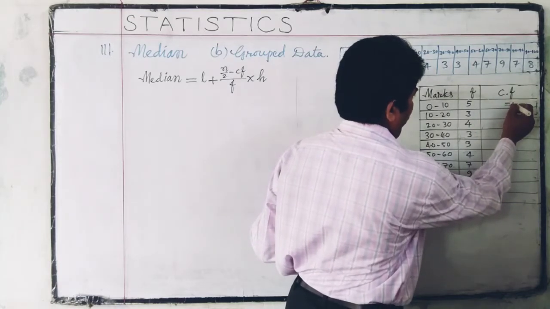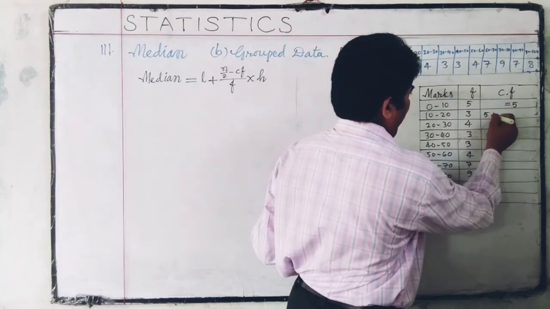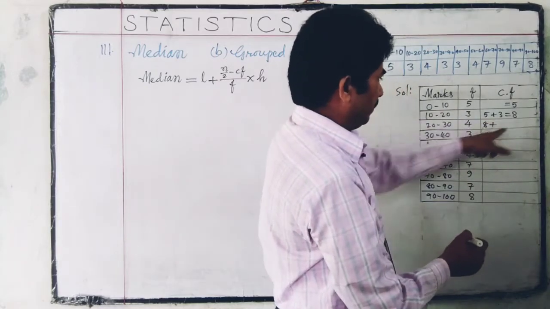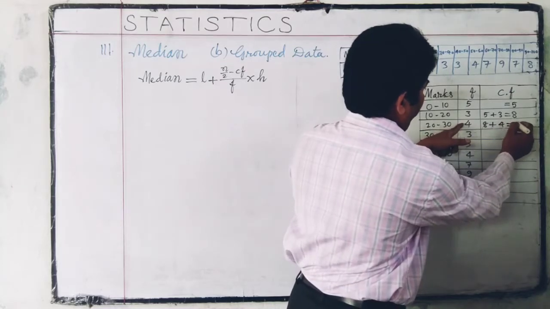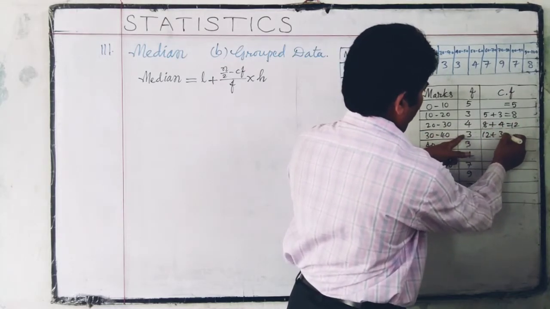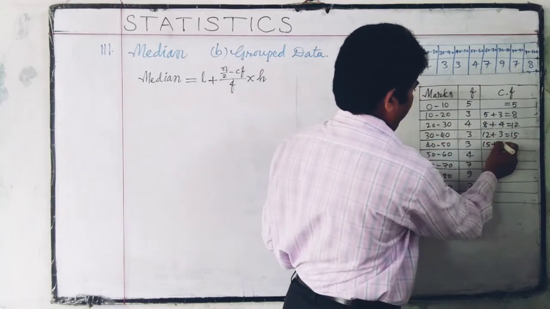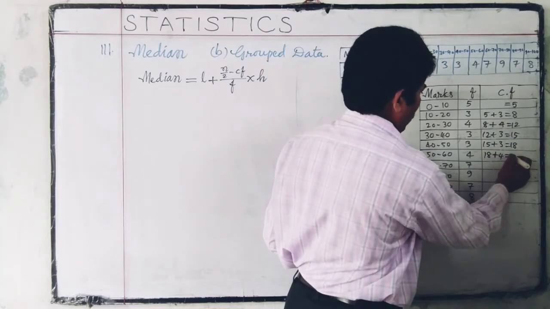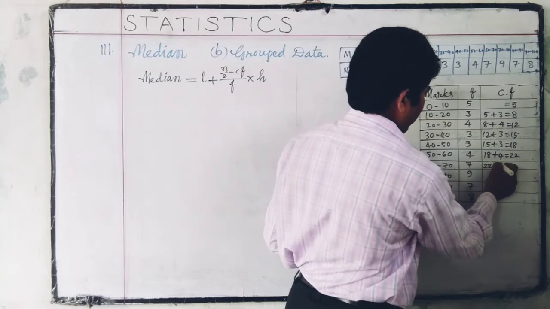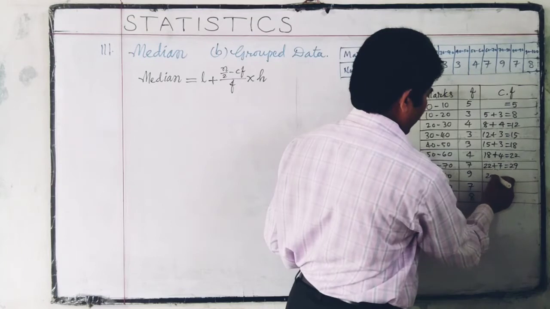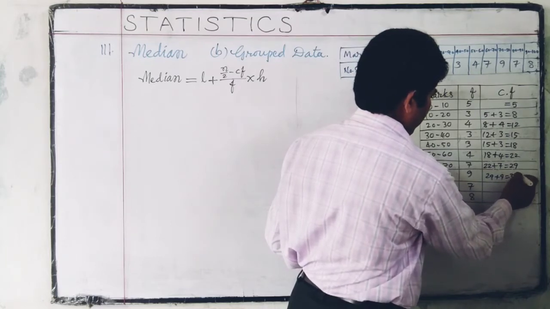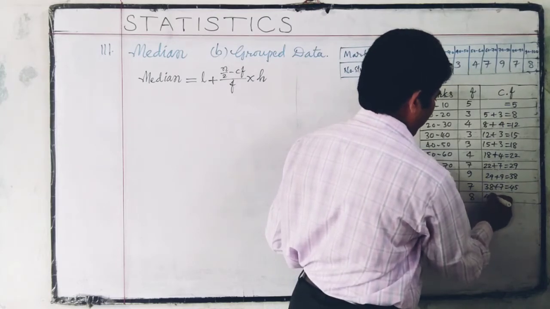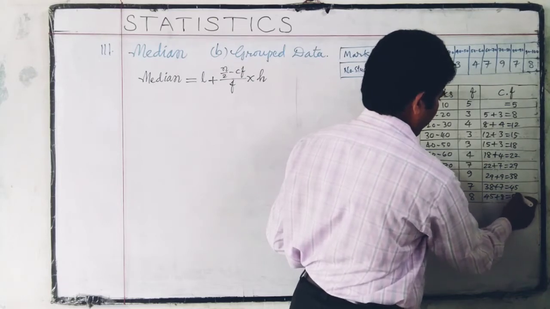Here 5 plus 3, 8 plus 4, every time we have to add. 12 plus 3, 15 plus 3, 18 plus 4, 22 plus 7, 29 plus 9, 38 plus 7, 45 plus 8, 53.